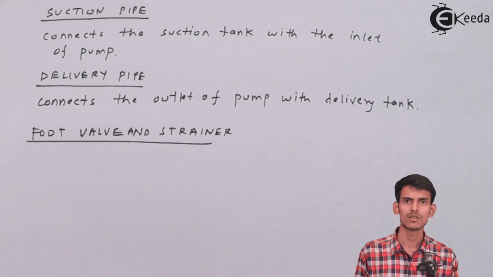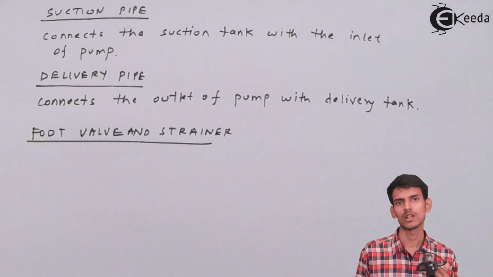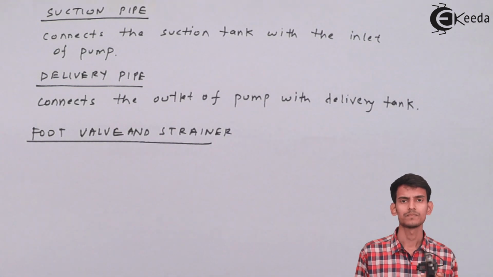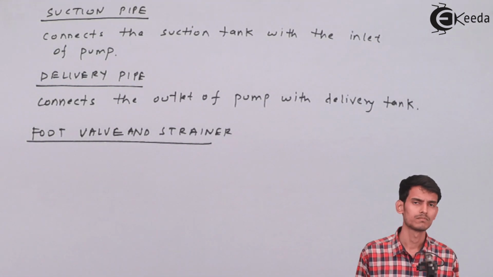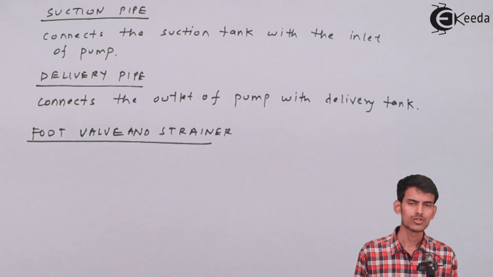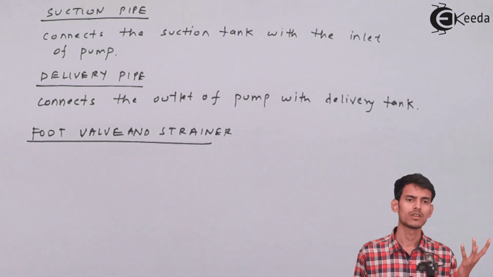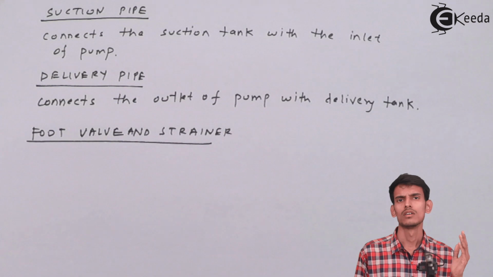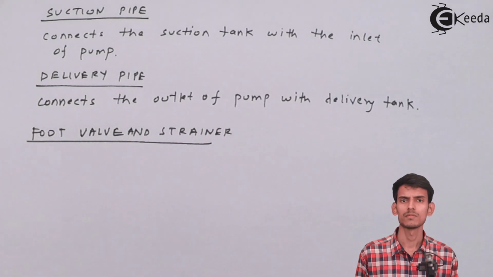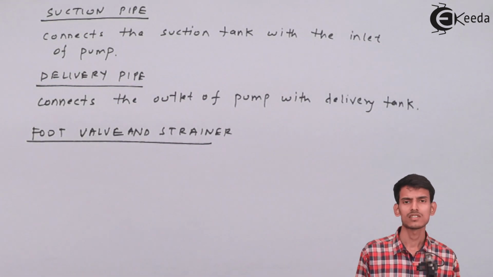So knowing the pressure at both sides, inlet and outlet, you'll come to know the working of the pump. There are also certain funnels attached to the centrifugal pump just for priming purposes. Priming we'll see in the next lecture.